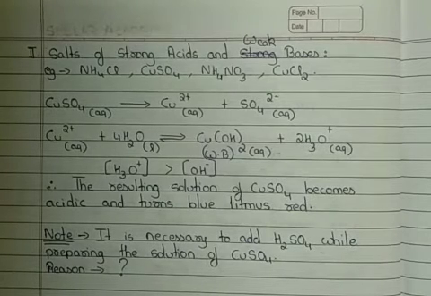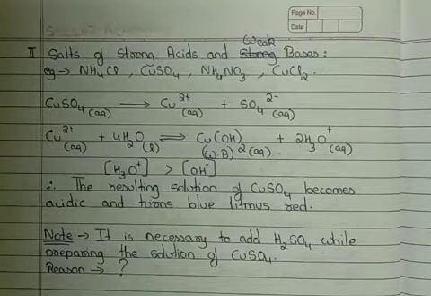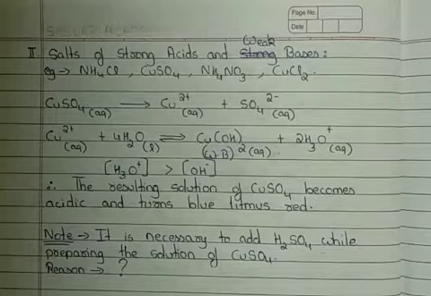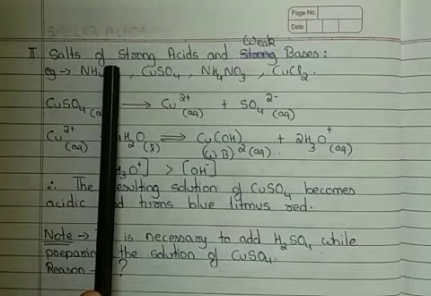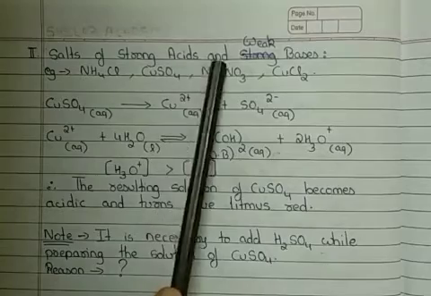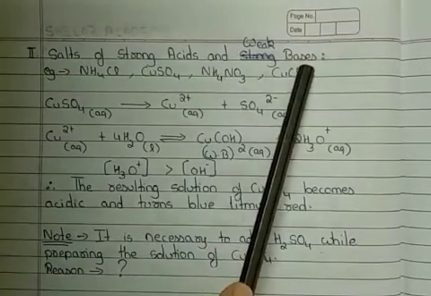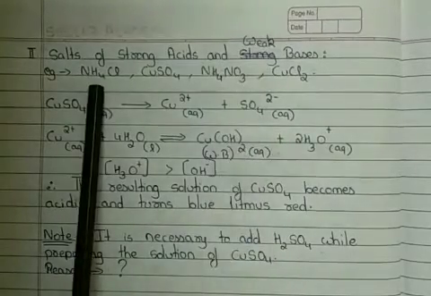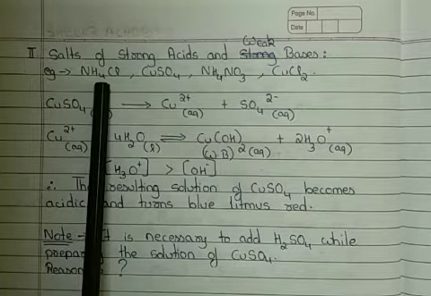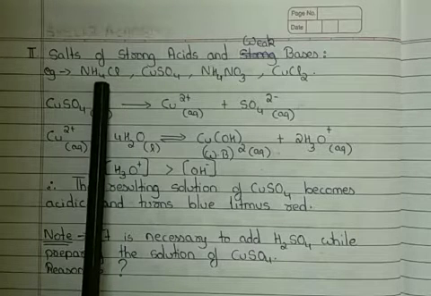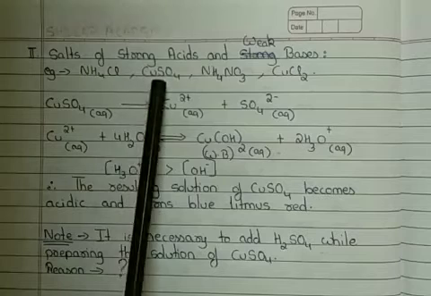Now, after understanding the salt of strong acid and strong base, the next hydrolysis we are going to do is hydrolysis of salt of strong acid and weak base. For this, we can have various examples. First is NH4Cl, which is a salt of weak base NH4OH and strong acid HCl.